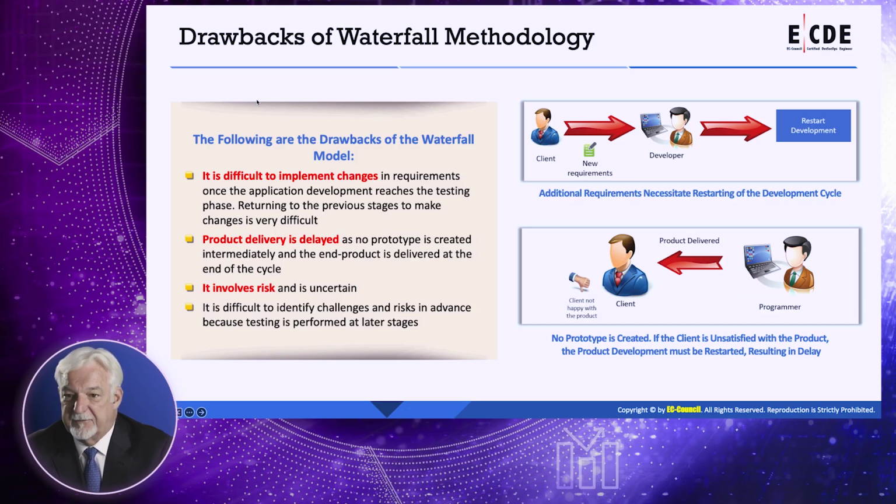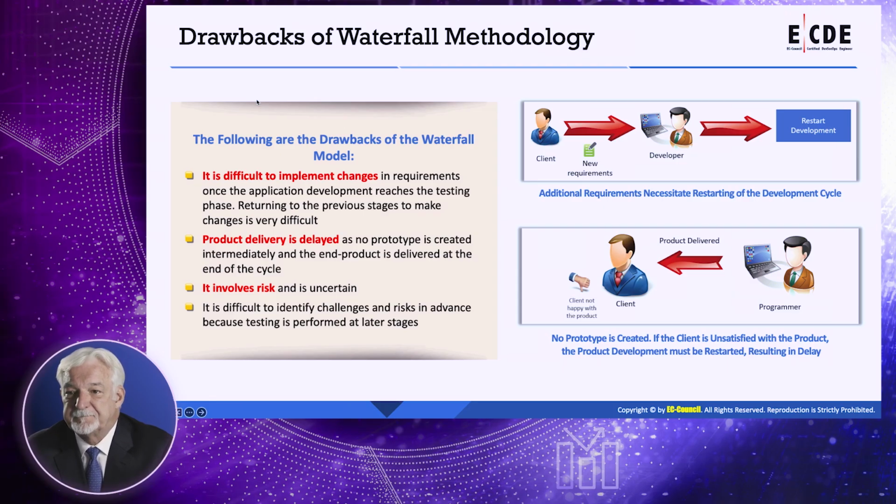And so it's kind of what you developed is what you get. There's a lot of risk, and it's uncertain as far as what's going to happen with the project because of the nature of it relying on each previous step into the subsequent ones. It's difficult to identify challenges and risks in advance because testing is performed at later stages once the code's developed and pushed out into this methodology.